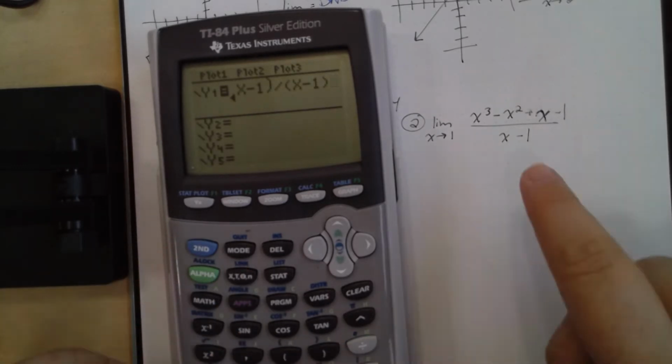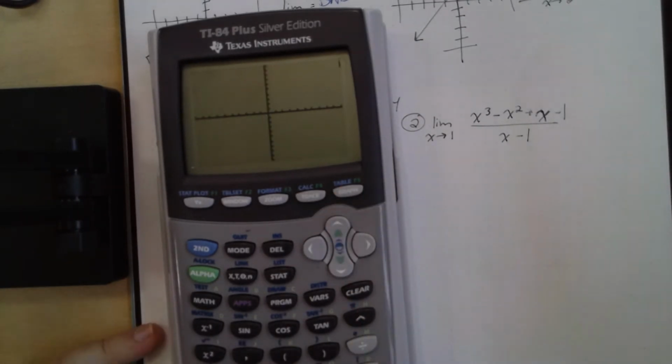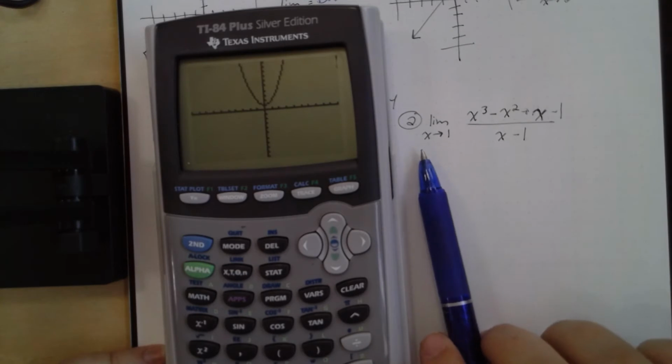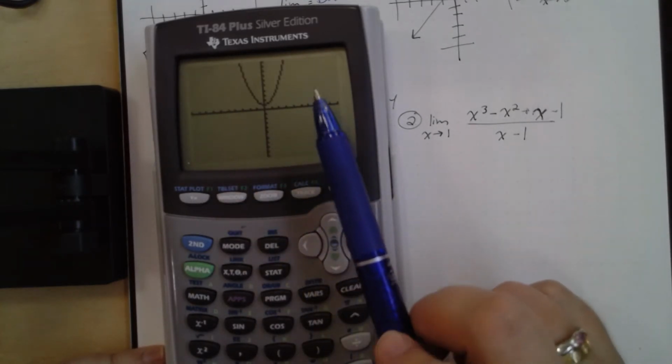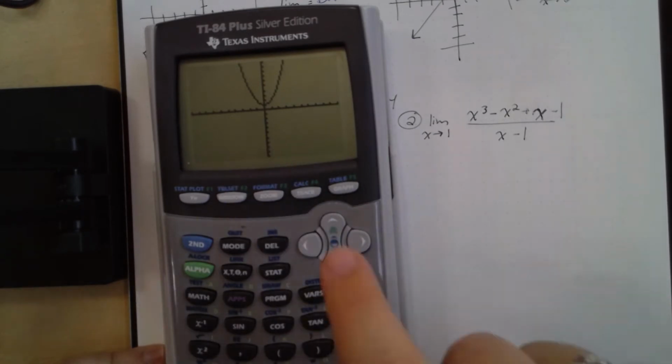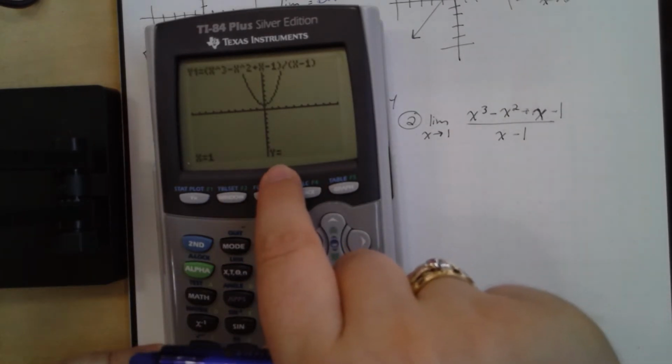And you can actually see before I even graph this, there's going to be a problem here. So once I graph this, I'm trying to find the limit as x goes to 1. And looking on this graph here, it looks like we have something completely continuous, right? But if I trace 1, I get nothing. There's a hole here in this graph.